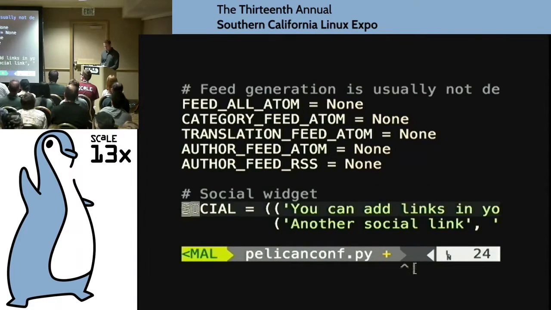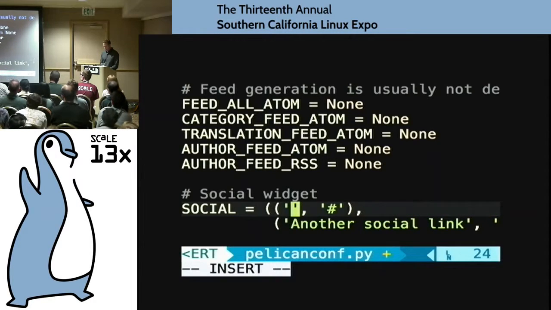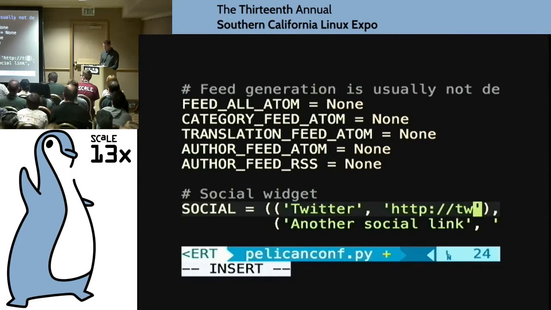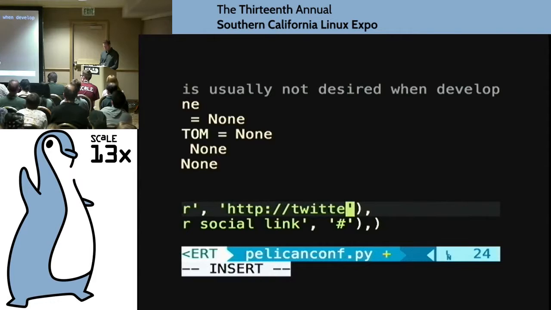And then I'm going to add just a couple of, let's see here. We'll add a Twitter link so that folks can see. All right, and we're adding, there we go.